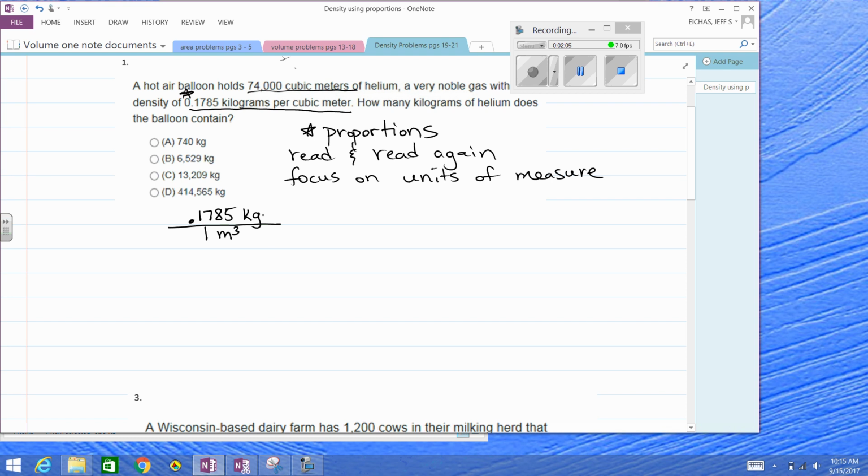So now here's how we finish it. We want to know how many kilograms of helium does the balloon contain. Now ready? So here's our density given to us. Now if you're in science class, you do this differently, but we're in math. And then what we're going to do is we're going to take care of the balloon's dimensions here. So in the balloon, there's 74,000 cubic meters of helium.